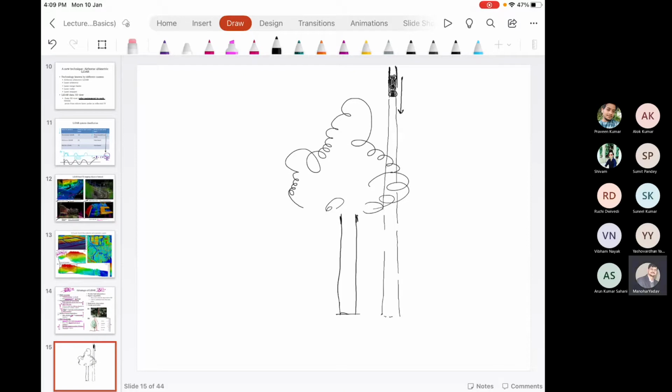And this is the energy of the pulse. It is fired from the laser transmitter, and this energy travels through this conical confinement. What happens over here? It interacts along the tree at multiple points.